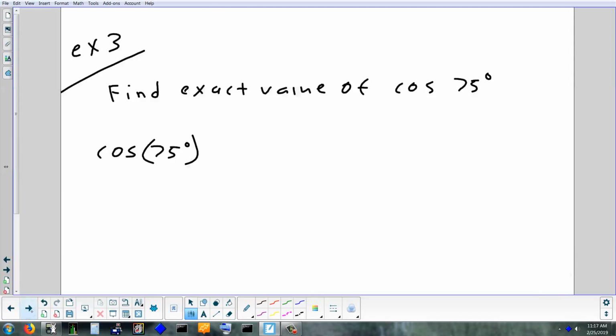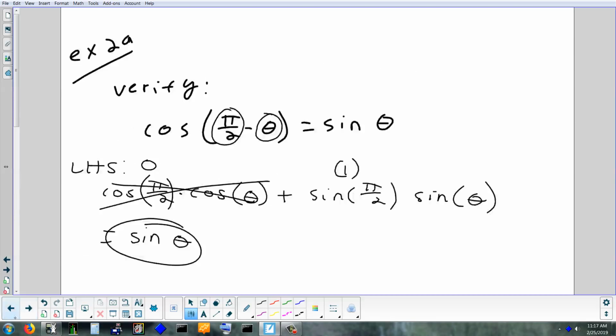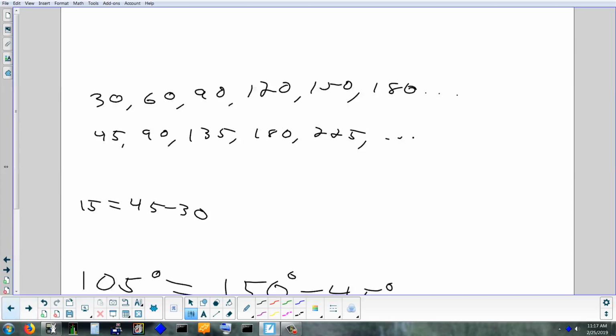Okay. So let's do 75. And I know you could do 75 as a difference. But since we just learned the sum, let's try it as a sum. How can you write 75 as a sum of two numbers? And just to kind of remind you, they have to be numbers, one of them in each list. Yeah, 30 plus 45.